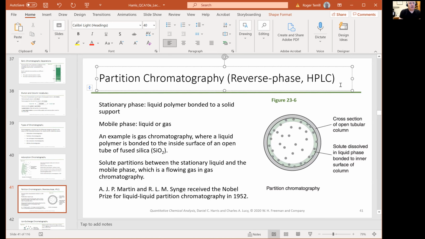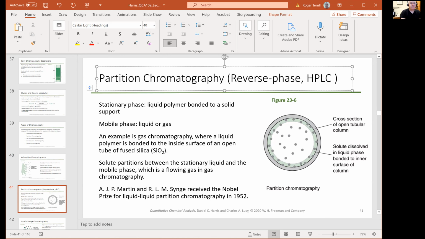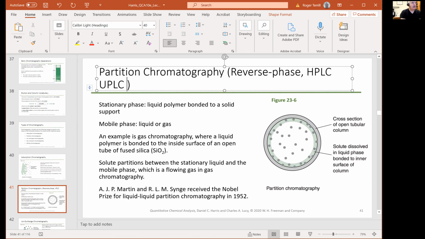And nowadays, there's also UPLC and UHPLC, which are just basically commercial trademarks for doing things better. They use higher pressure, and they use a smaller stationary phase.